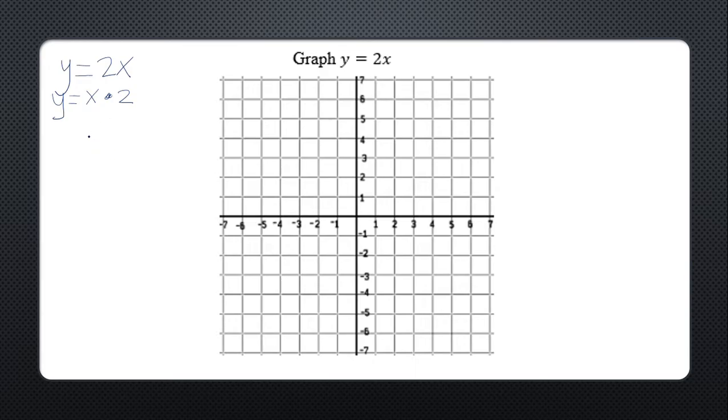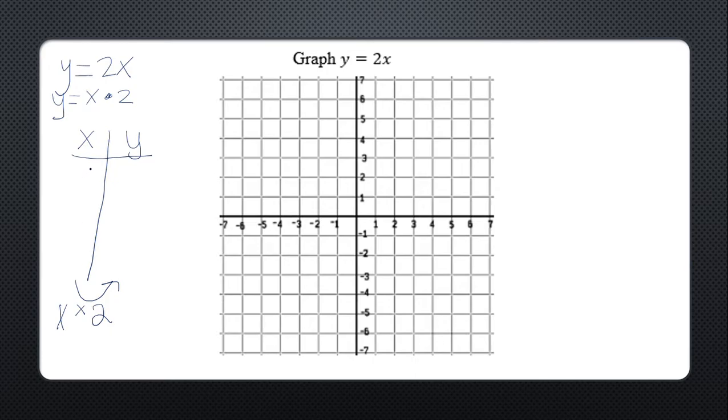So if I make up a chart and I have my x and my y, in order for me to get from the x to the y, I have to multiply whatever x is times 2.